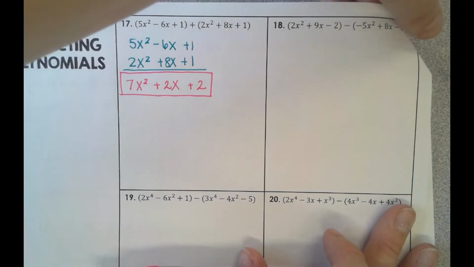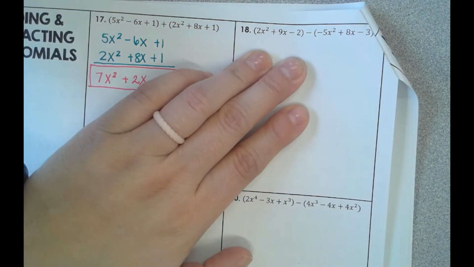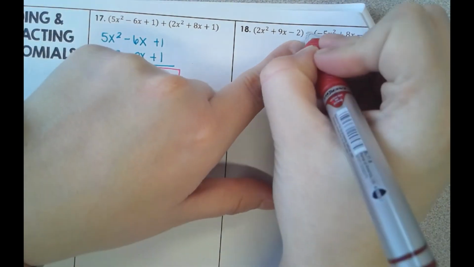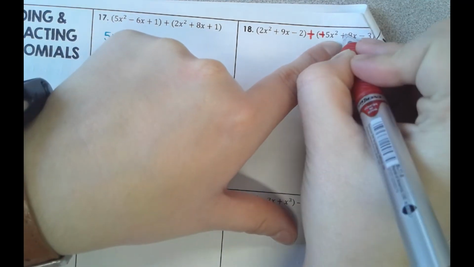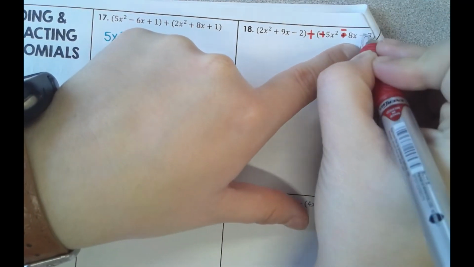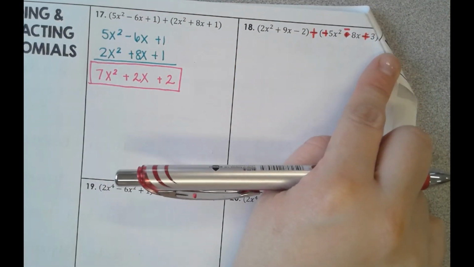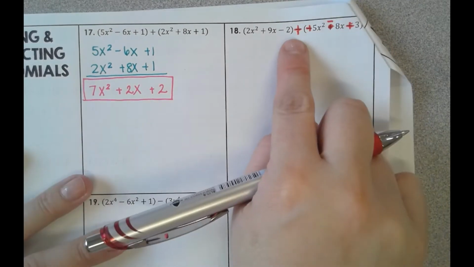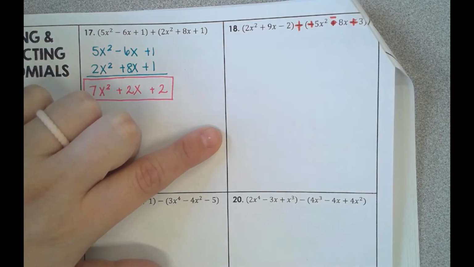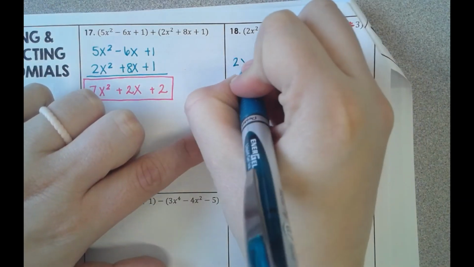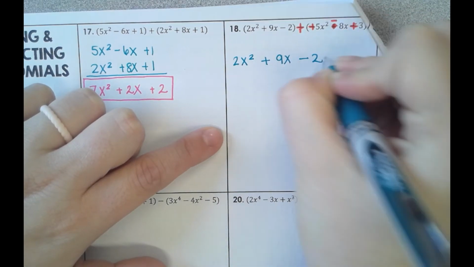Number 18 is subtraction. So that means that I have to change this to a plus. This changes to a plus, minus, and plus. So when it's subtraction, you make it a plus and you change everything after it. So 2x squared plus 9x minus 2.